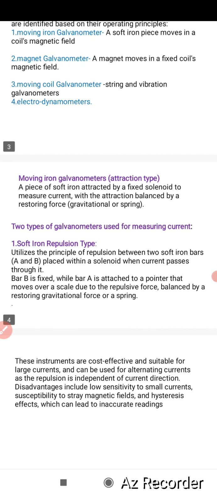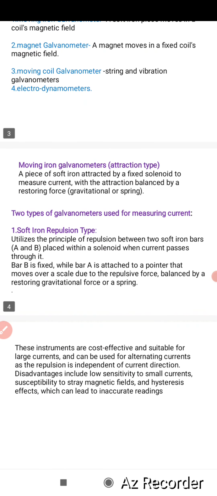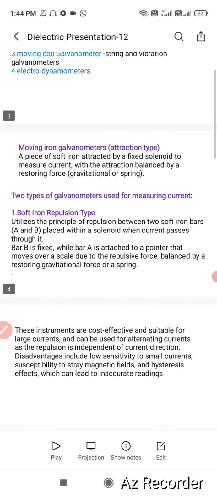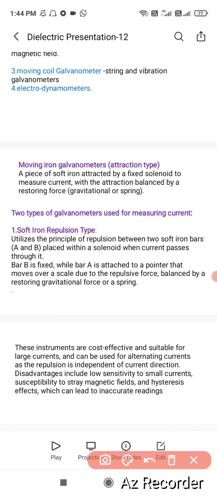Next we see the attraction type galvanometer. A piece of soft iron is attracted by a fixed solenoid to measure current, with attraction balanced by a restoring force, that is gravitational or spring. There are two types of such instruments for measuring current.